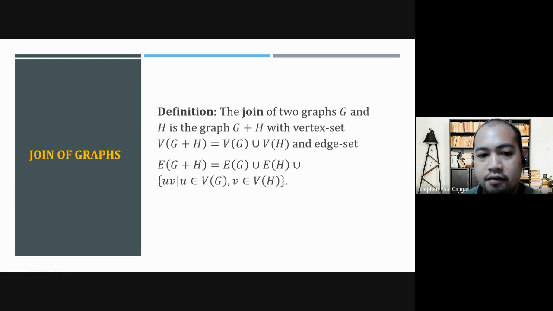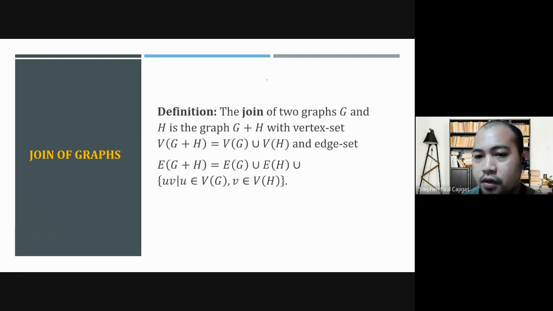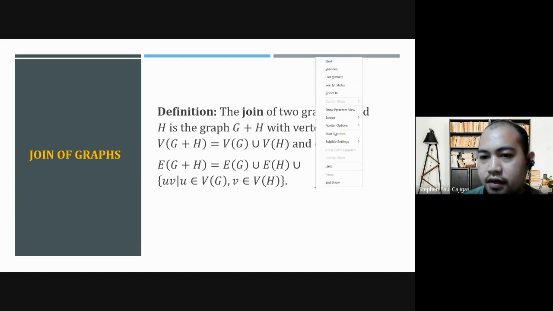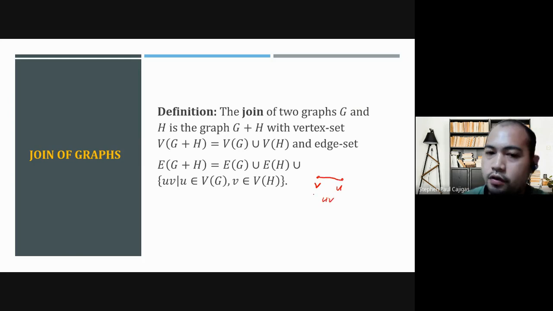Remember, let me get the pen. Remember how we notate our edges. We can have a vertex V, and we have a vertex U. When we make this edge, we call this our edge UV or VU.